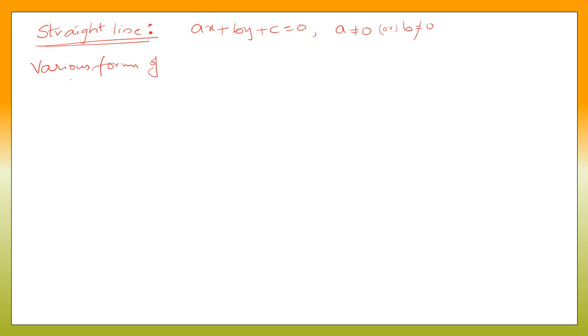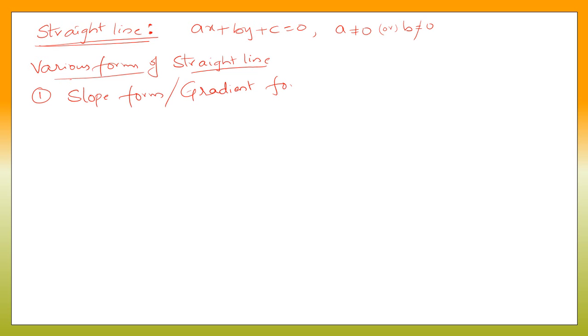Now we are going to have the various forms of straight lines. Among those various forms, the first form is the slope form, or this is also called the gradient form. These forms are very, very important. First one is slope form or gradient form.